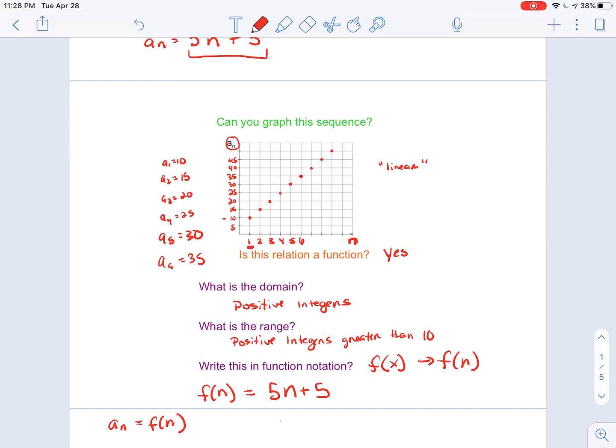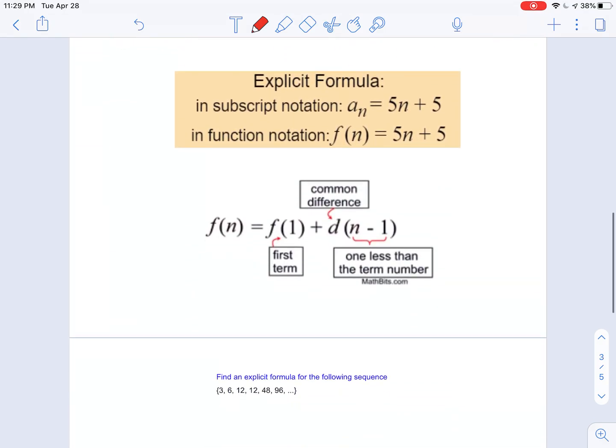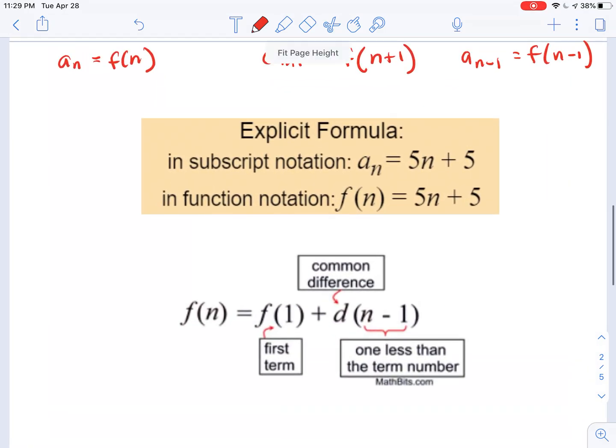So when you see multiple choice questions, they might put it in this format. Those would be the same. Okay, so what would a sub n plus 1 be? Well, I would have f of n plus 1. What would a of n minus 1 be? F of n minus 1. So again, it's just showing that we can plug our place setting into this function notation to continue.